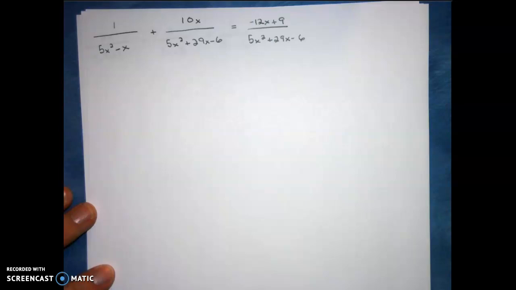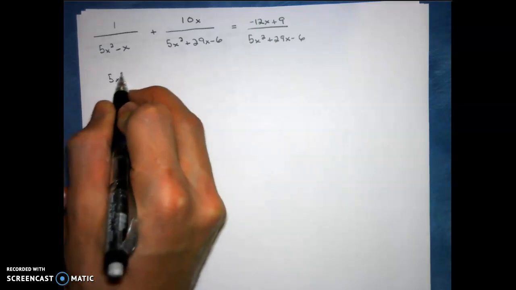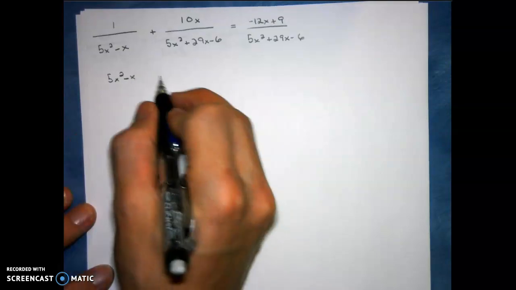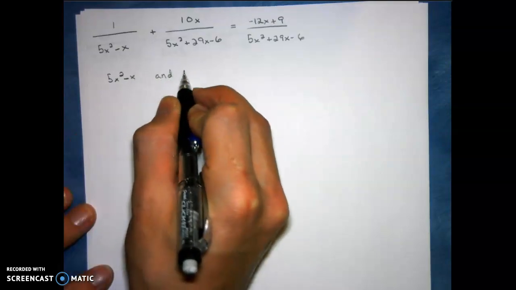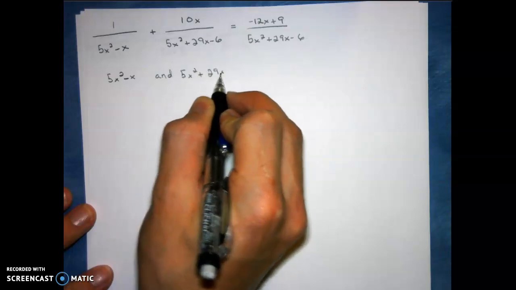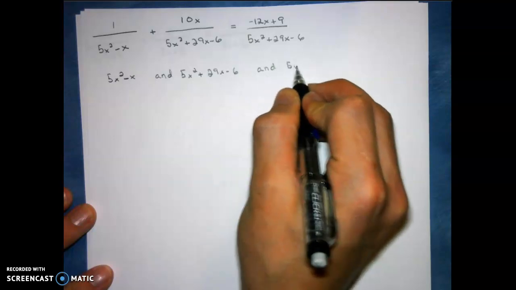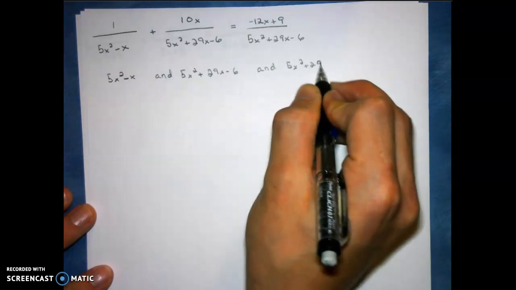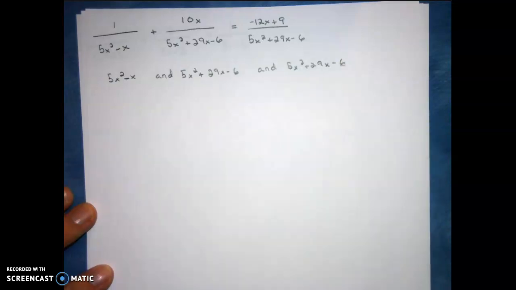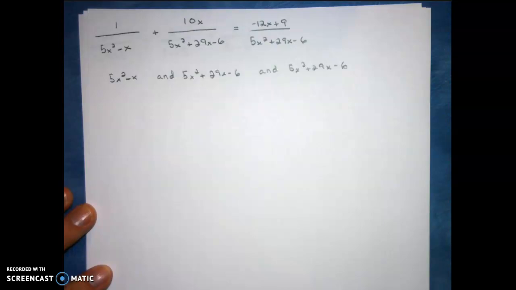So the first step we want to do is find our LCD. So I'm going to take my denominators: x, 5x squared plus 9x minus 6. Same thing for this one. Before we find our LCD, we have to factor everything.